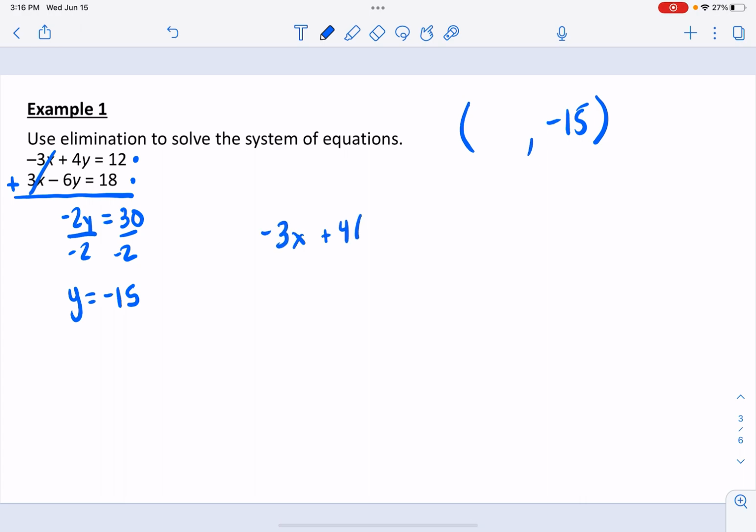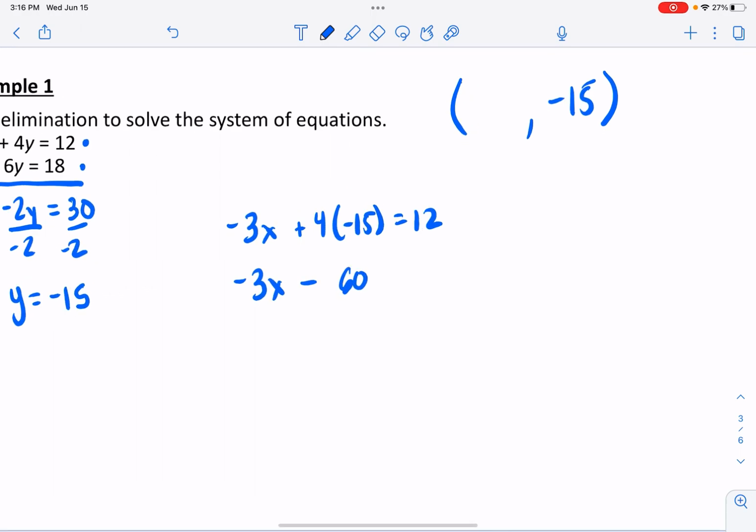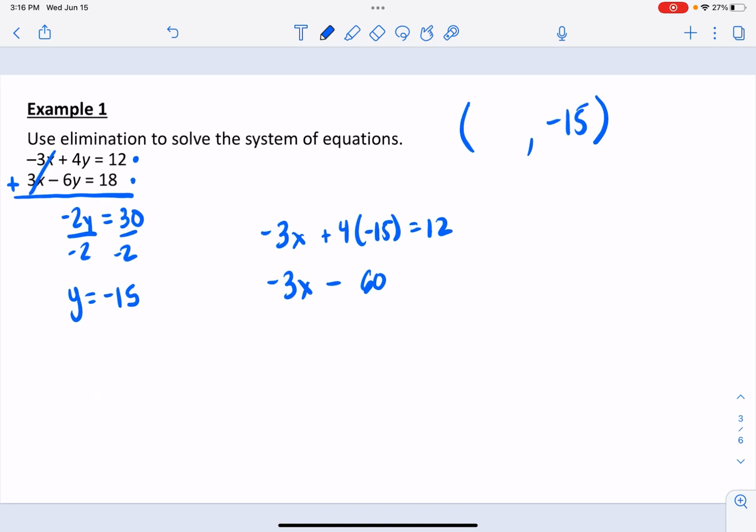I don't know why I chose the top one. I add 60 over, I divide by negative 3, and we get negative 24.